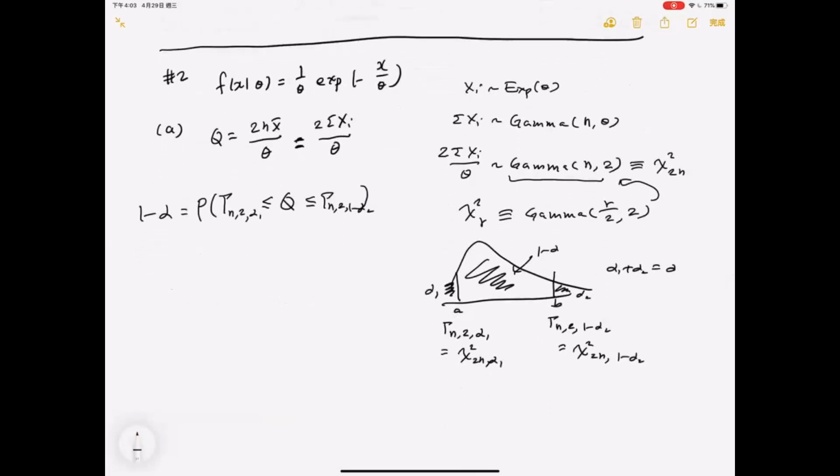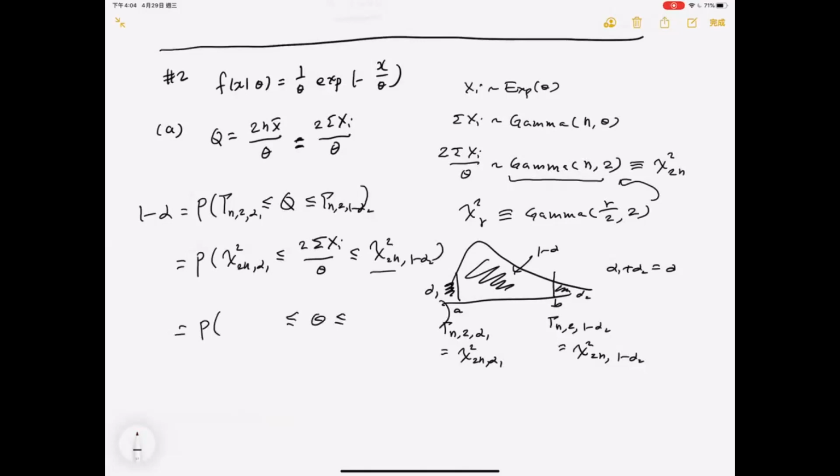Okay, then for doing that, basically just try 2n alpha over 2. You have your pivotal quantity Q divided by theta, then chi-square 2n, 1 minus alpha over 2. Then you put your theta in the middle. Okay, easy operation. Flipping, then switch around.